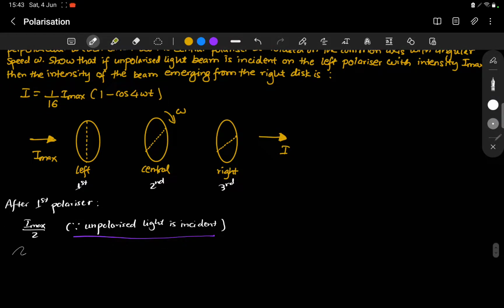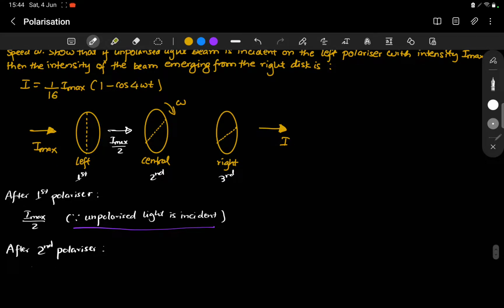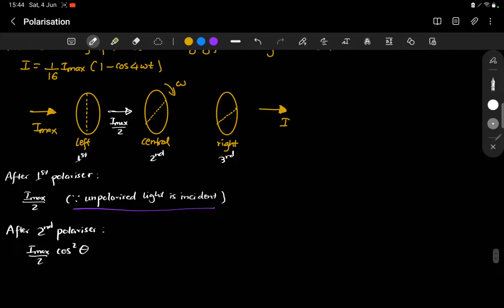Then after the second polarizer, now here we will use Malus law. For the second polarizer, the incident beam is this one coming after the first one. So here intensity is I max over 2. So after the second polarizer, we will have this intensity coming from Malus law.